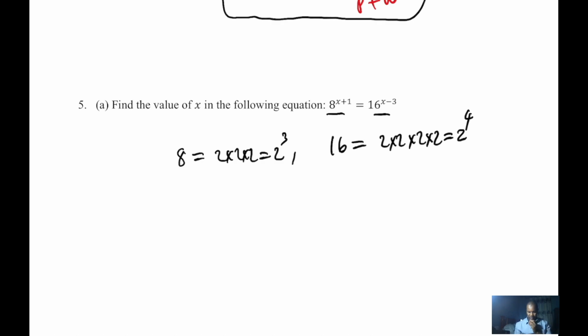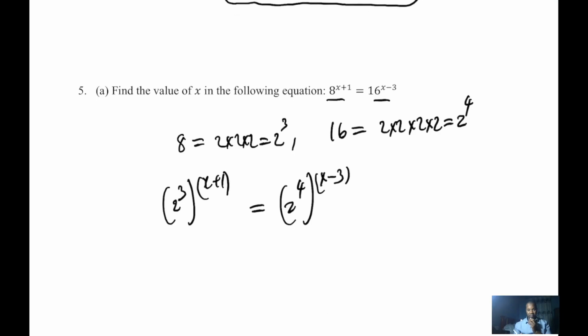So I'll have 2 power 3, power x plus 1, equals 2 power 4, power x minus 3. Okay. If you remember the exponential rule, the power rule actually, if you have a power m, then power n, this is equivalent to a power m times n.